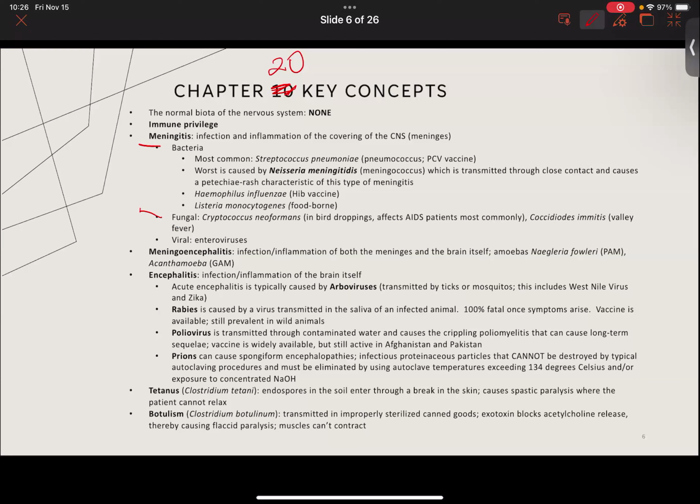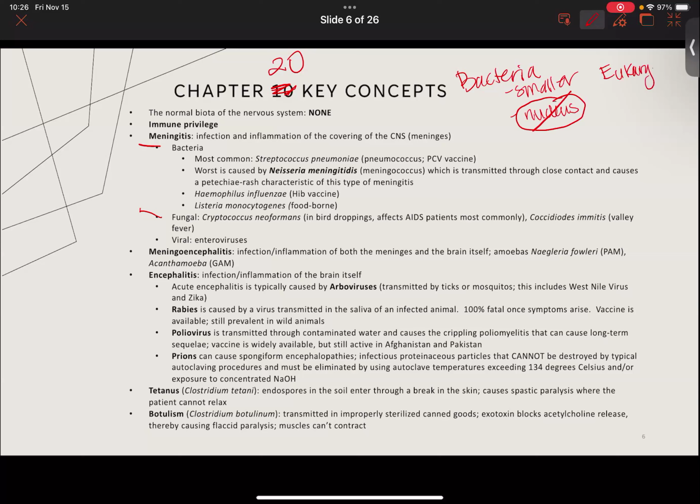So remember, bacteria are smaller and they do not have a nucleus. Whereas eukaryotes like fungi and yeast in this case, right?